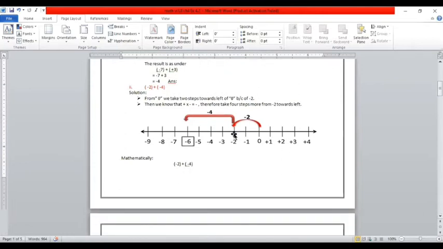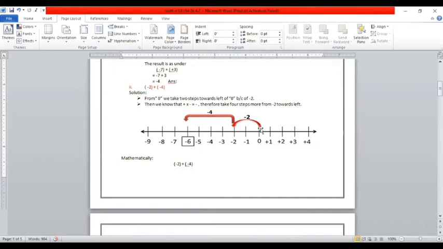This is my starting point, minus 2. 4 steps towards left: first step at minus 3, second step at minus 4, third step at minus 5, and fourth step is at minus 6. That is the answer of the given addition of integers.